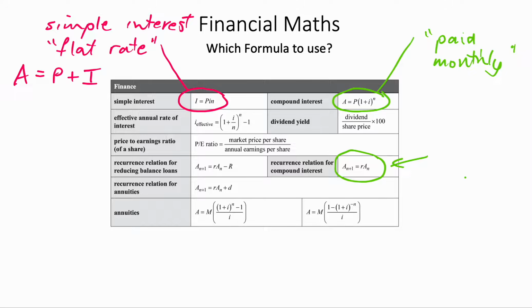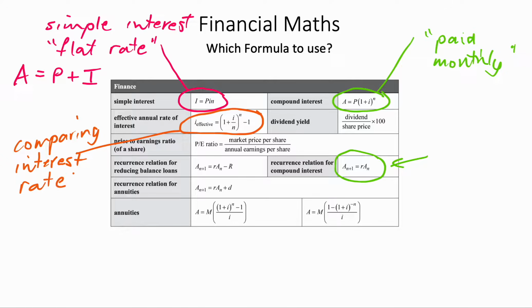Now, the other formula that I'll cover in this video is the one for comparing interest rates, and that's our effective rate there. So, for example, if you're given a couple of different options for an investment, might be two different compound interest rates that have different compounding periods, then looking at the effective interest rate enables you to compare and see which one's better.